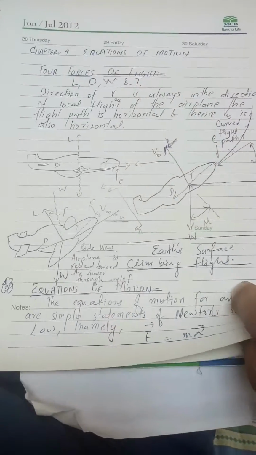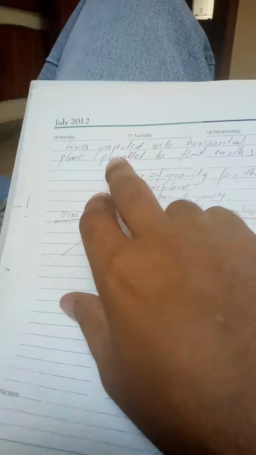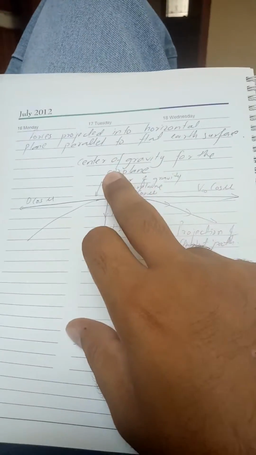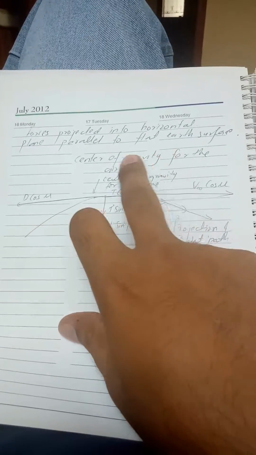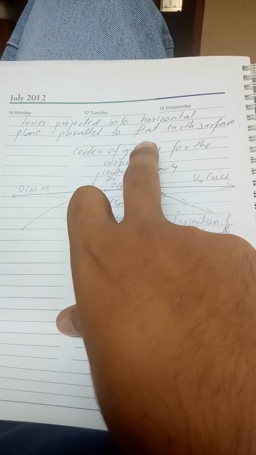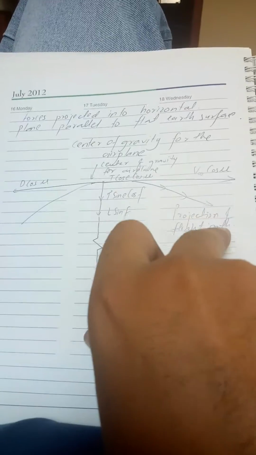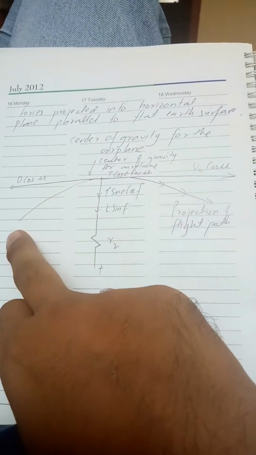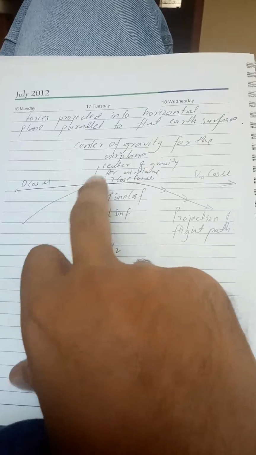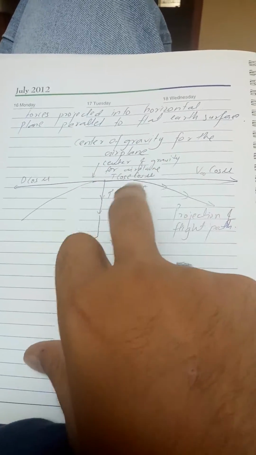But when we talk about the components of the forces projected into the horizontal plane parallel to the flat earth surface, this is the flat projection of the flight path. And this is also the center of gravity for the airplane.